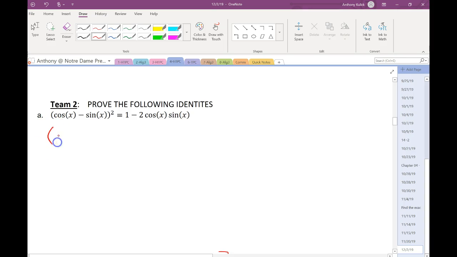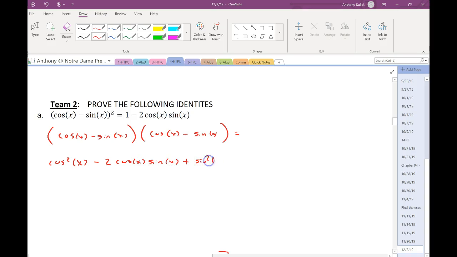So what Maya says is that cosine minus sine quantity squared is the same thing as cosine minus sine times cosine minus sine. And when we FOIL this out, we get that. Great. It's exactly what I would do as the first step.